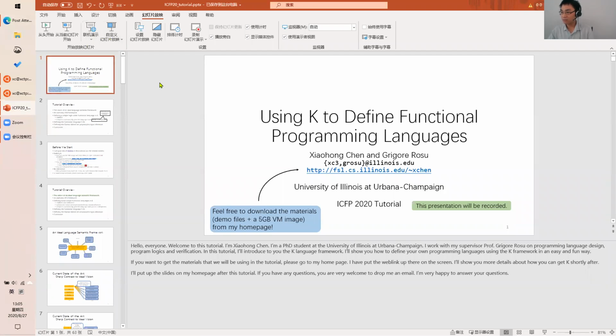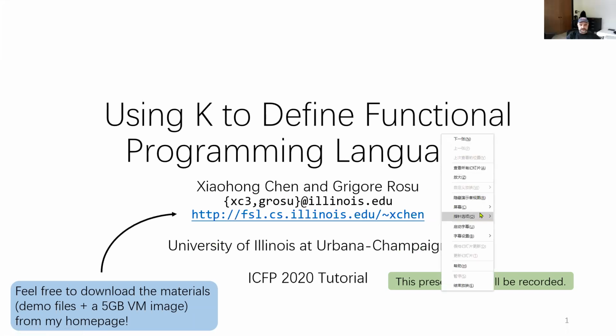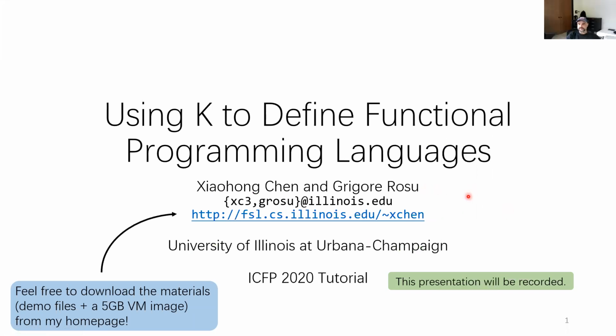An easy way is to type my name and the university name, and you'll find my homepage. It's very strange that we don't have a chat. That would have been so useful. I don't know why it is disabled.